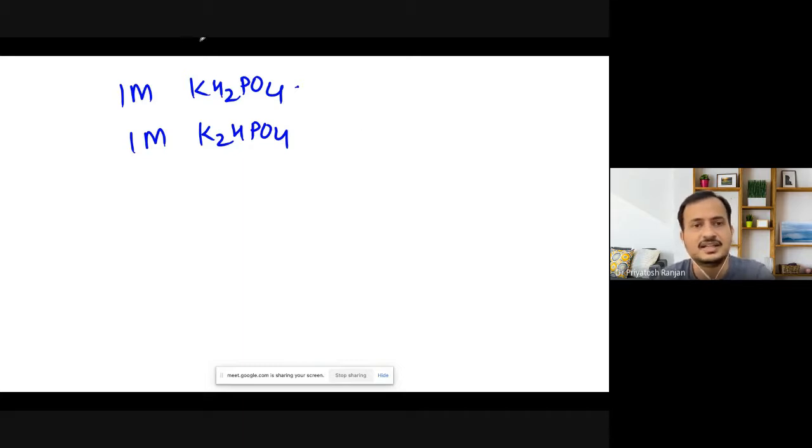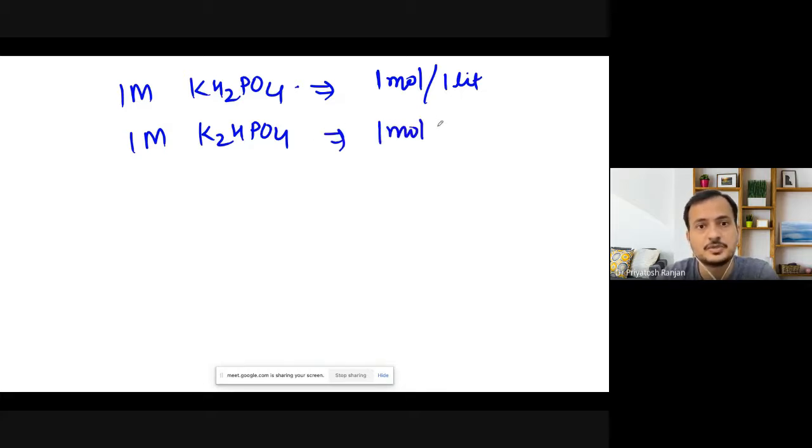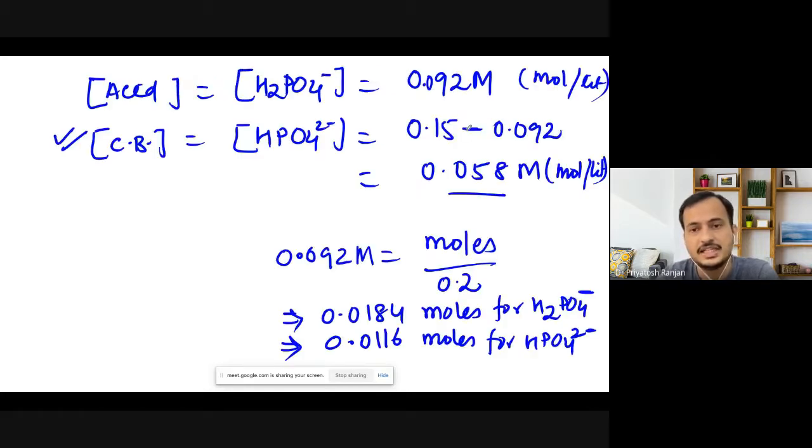Coming back, they have given 1 molar KH2PO4. That means 1 mole is present in 1 liter. Same here, 1 molar K2HPO4 is present. The 1 mole of K2HPO4 is present in 1 liter. Now I need to go back.